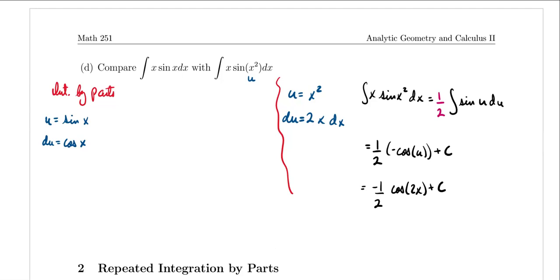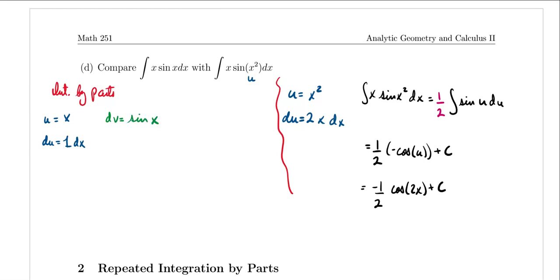However, if we instead choose an x as the u, well then the du is 1 dx, much simpler. So I'm going to go ahead and define the u as x, then the dv is going to be equal to the sine of x.